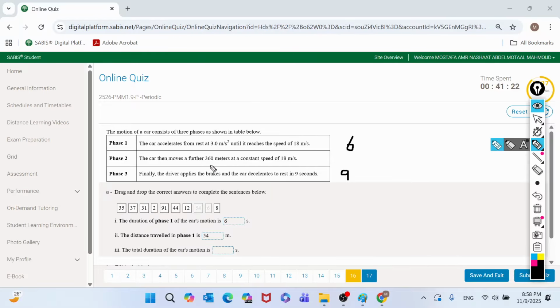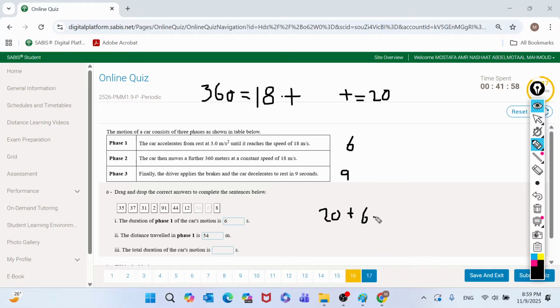It moves 360 meters, so 360 equals v, which is 18, times t. t equals 20. So 20 plus 6 plus 9 equals 35.